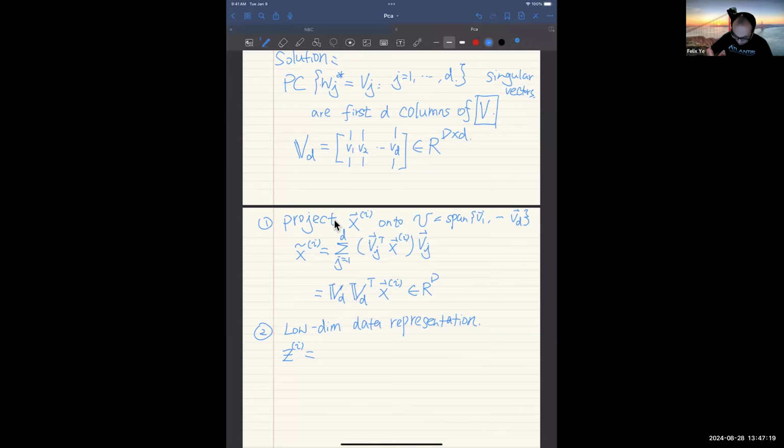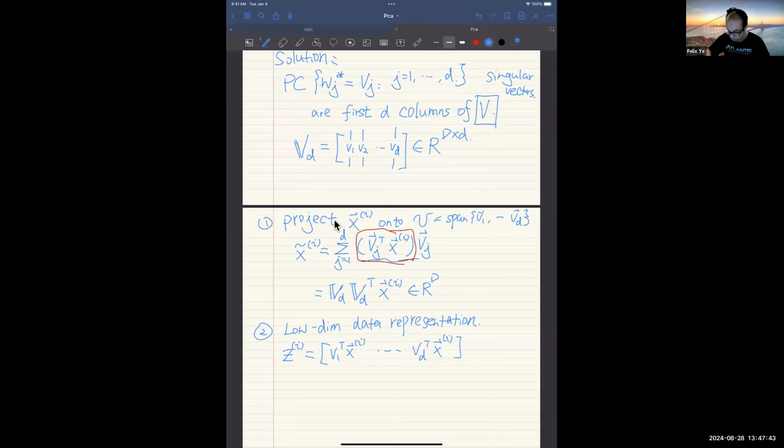What we can do is take the weights right here, since these weights are crucial, and put them into a vector: V1 transpose X of i up to Vd transpose X of i.